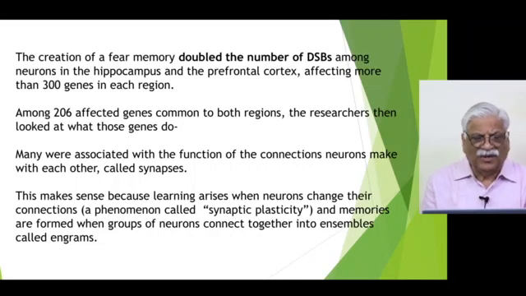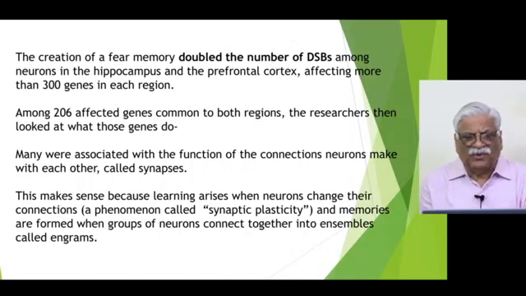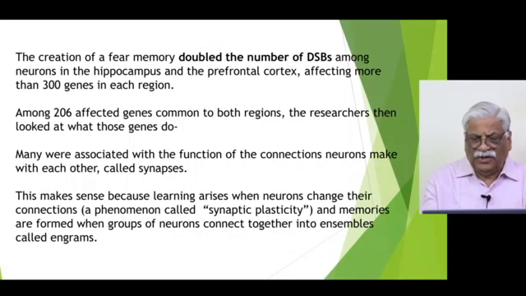This makes sense because learning arises when neurons change their connections. This is a phenomenon known as synaptic plasticity, meaning molding your own brain in the way we want. And memories are formed when groups of neurons connect together into ensembles called engrams.